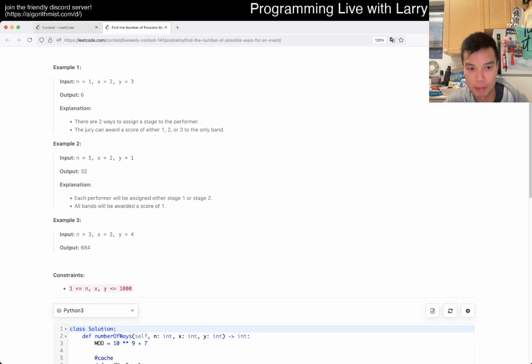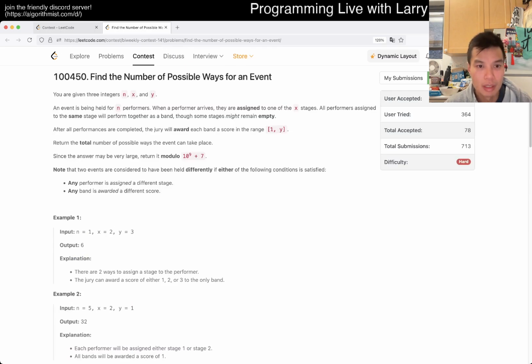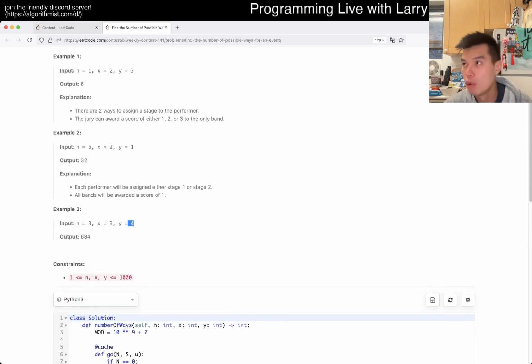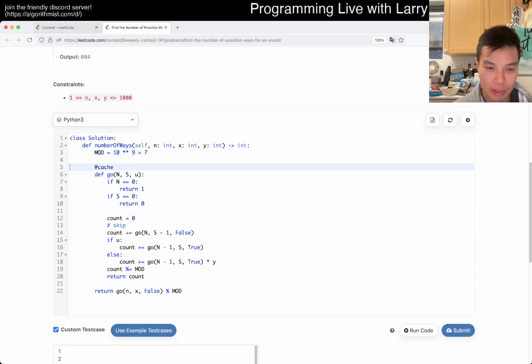So that's the problem, right? So 3 to the 3. What's 3 to the 3? 27 times 4. Really? Why is it 687? Oh, 684. I can't even say it. Is it just not 3 to the 3? Oh, that's just wrong. Okay, well, back to the drawing board.